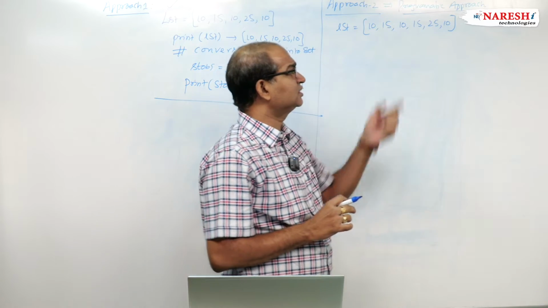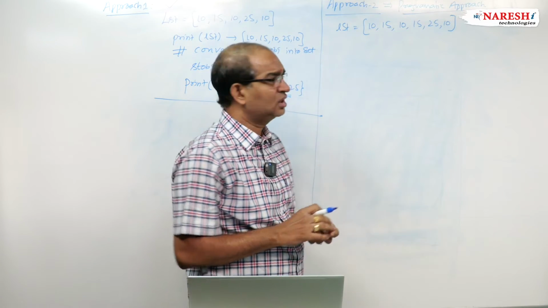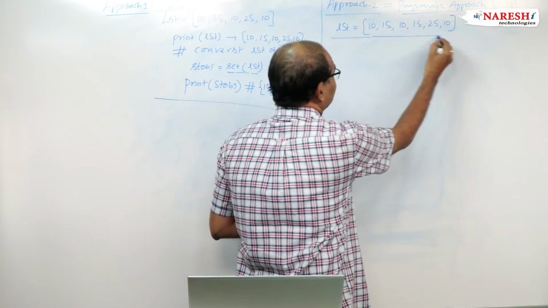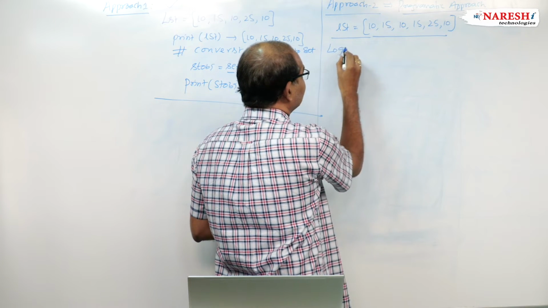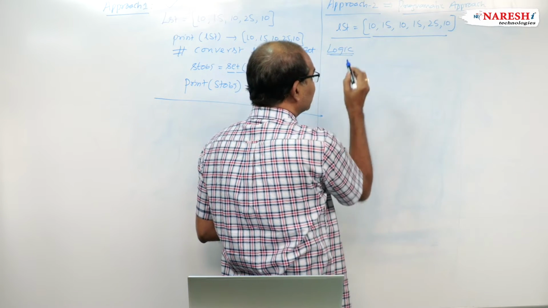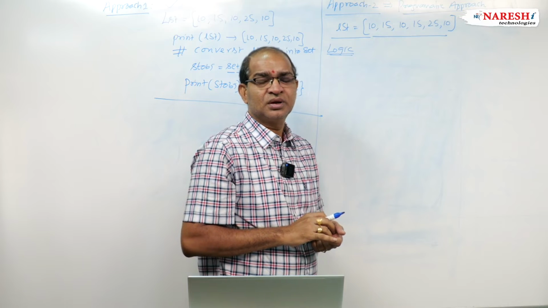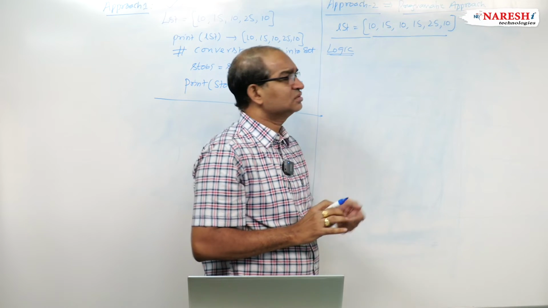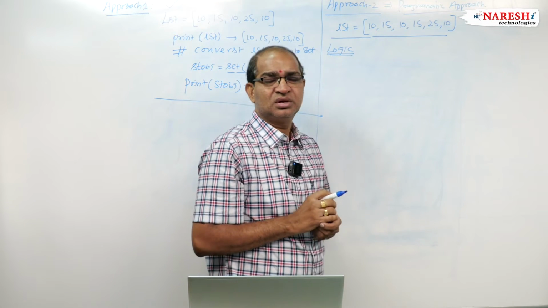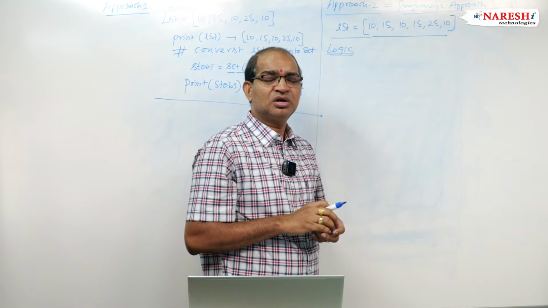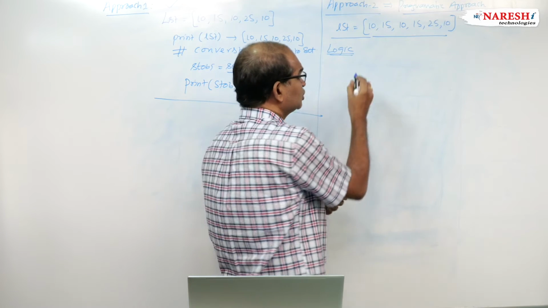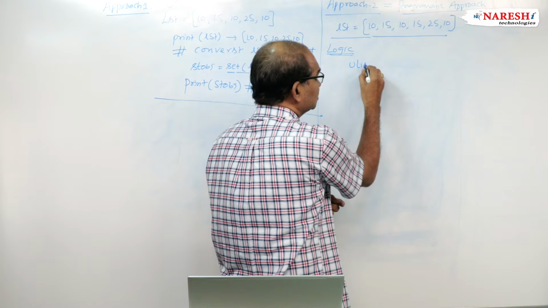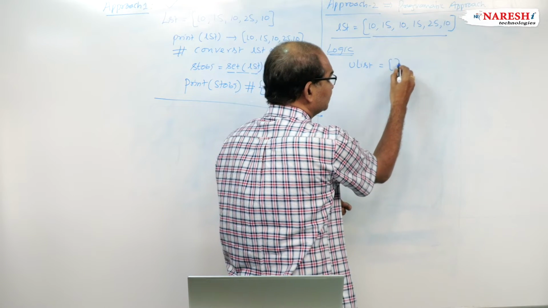How can I eliminate the duplicates? For that, I am explaining the logic, which I will implement through functions. First, we need to create one empty list. That empty list will contain the unique elements. So I will take uList is equal to empty.